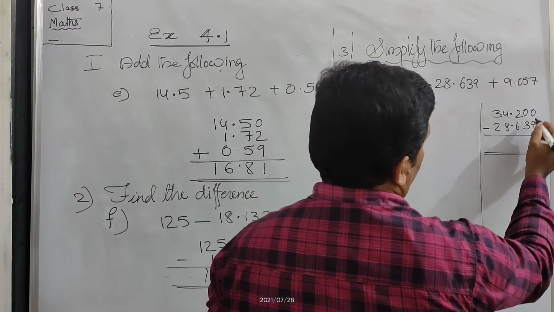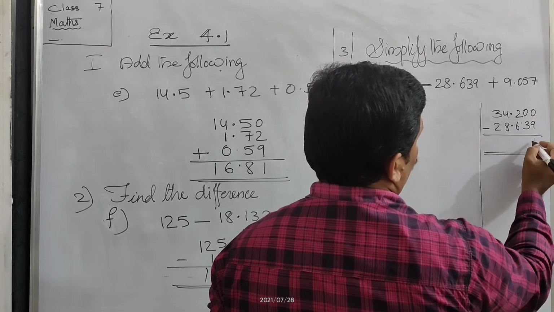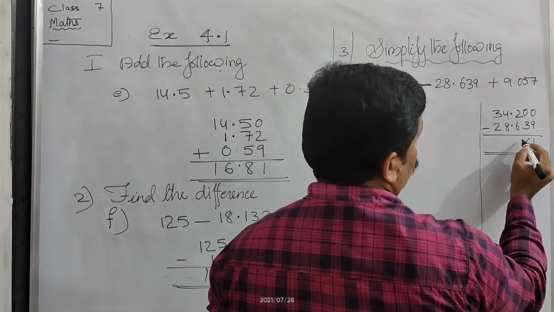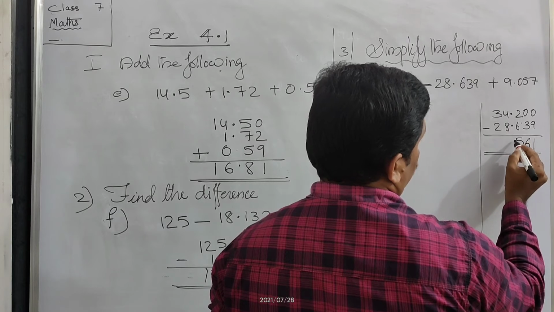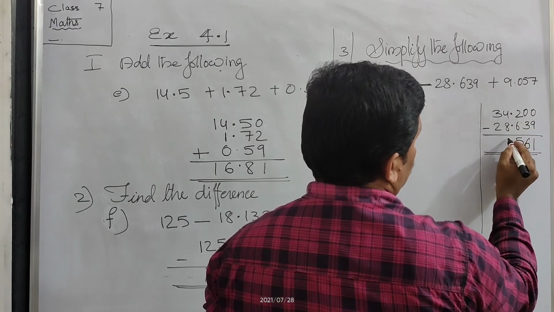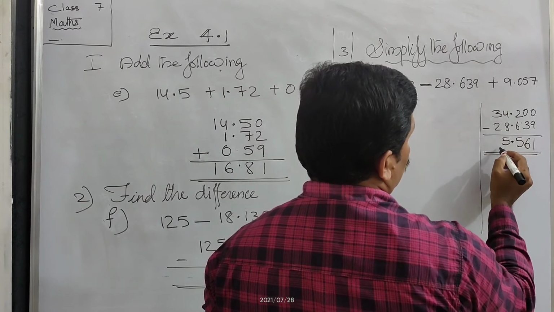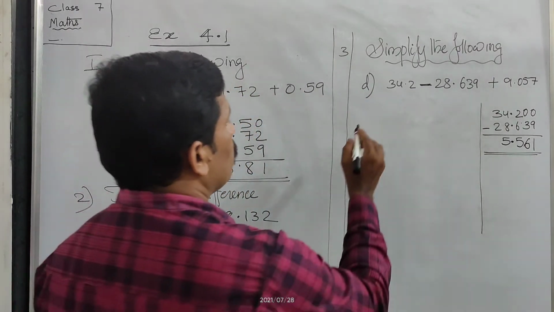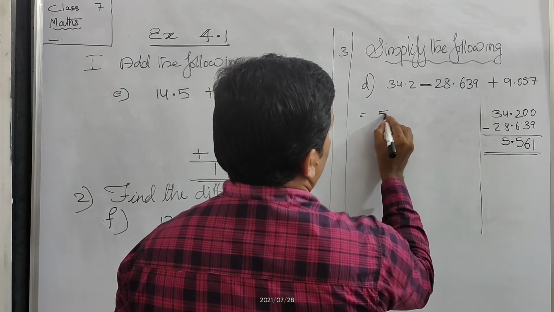Then we subtract: 10 minus 9 is equal to 1. 9 minus 3 is equal to 6. 1 minus 6, 11 minus 6 is equal to 5. Now remaining 3, 13 minus 8 is equal to 5. And 2 minus 2 is equal to 0. So we got 5.561 after subtracting.